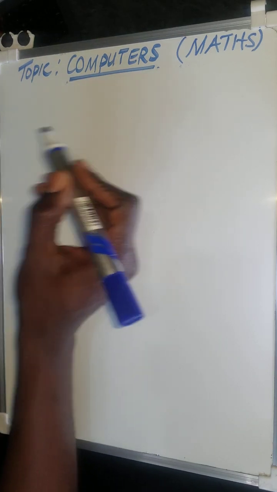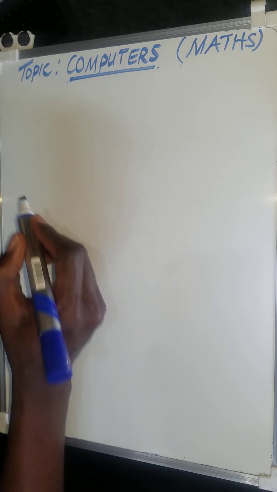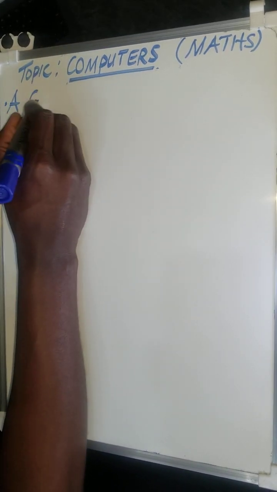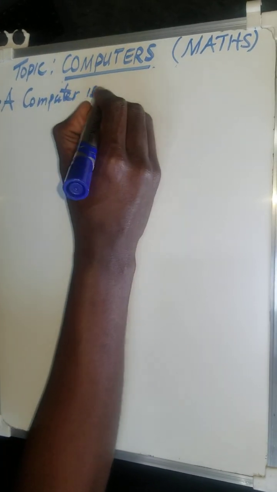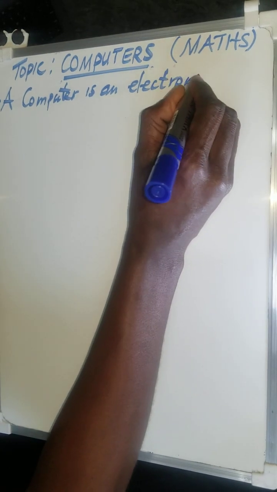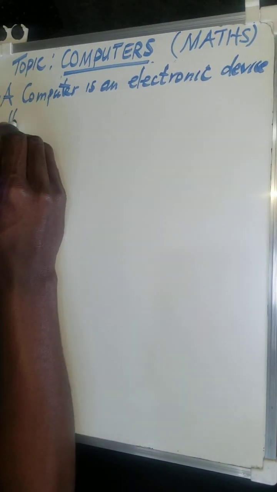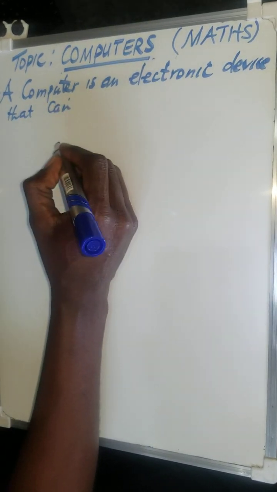So we can ask ourselves then, what is a computer? Well, maybe a simple definition, we can say that a computer is an electronic device that is capable of doing a lot of things.